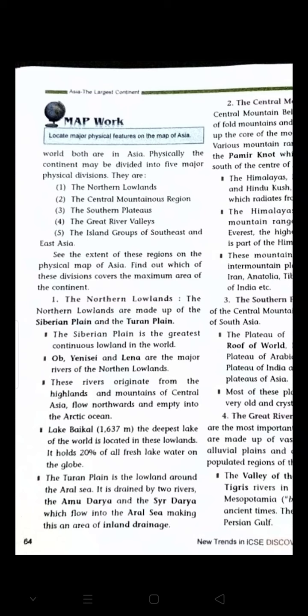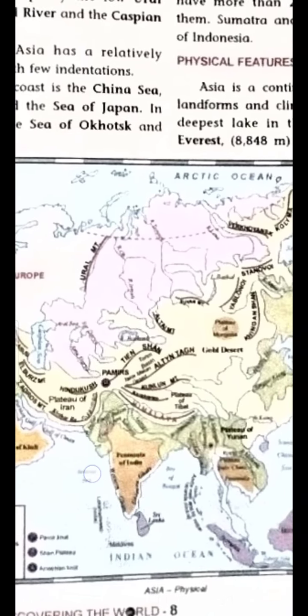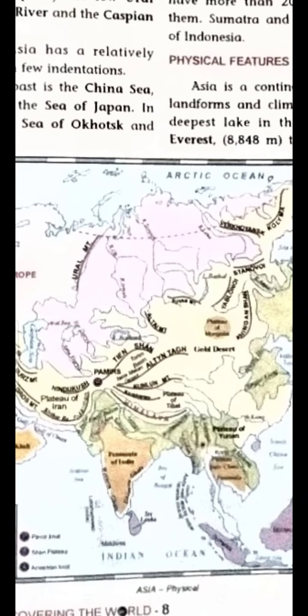They are the northern lowlands. Now, northern lowlands, children, please see the northern lowlands. Just turn your page to page number 63. And northern lowlands are visible very much in the northern part of Asia.